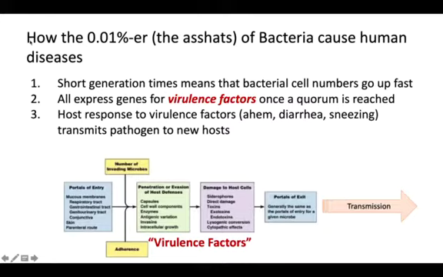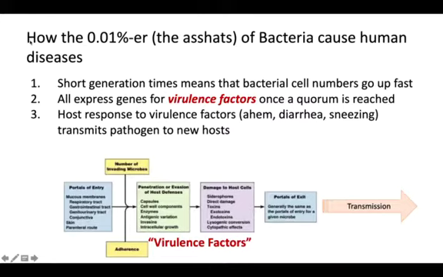Depending on the type of bacteria, they will only cause a disease if they're able to enter in a specific way. So they'll enter either a mucous membrane, through the respiratory tract, the GI tract, the genitourinary tract, the eye, the skin, or even the blood.